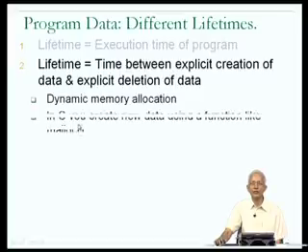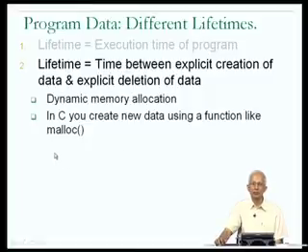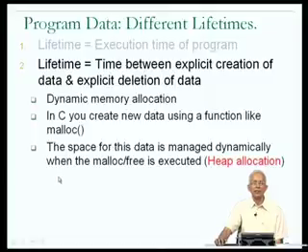Right? So the way that you do this in C is you can create new data using a function like malloc. There are other functions as well, but one of the functions you could use is the function called memory alloc, or malloc. If you look at a program which does dynamic memory allocation, somewhere in the program there would be a call to the function malloc, and that is the point in time at which that piece of data comes into existence when the program executes. Now the space for data of this kind must be allocated when the program is executing.